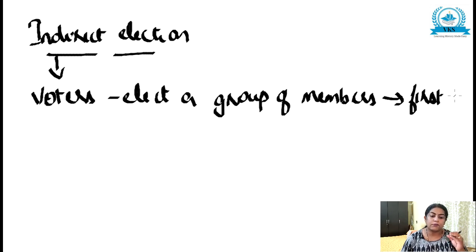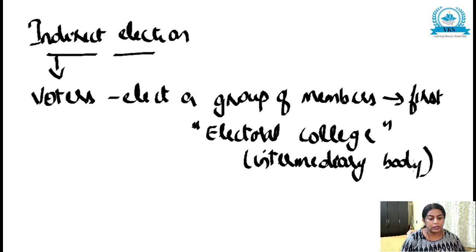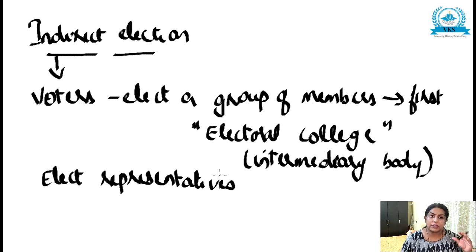In the first stage, the voter elects a group of members in the first instance, and this forms an electoral college.